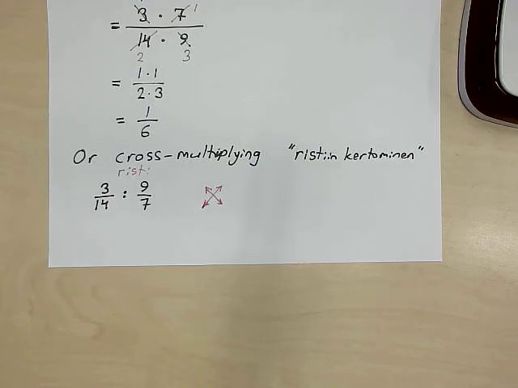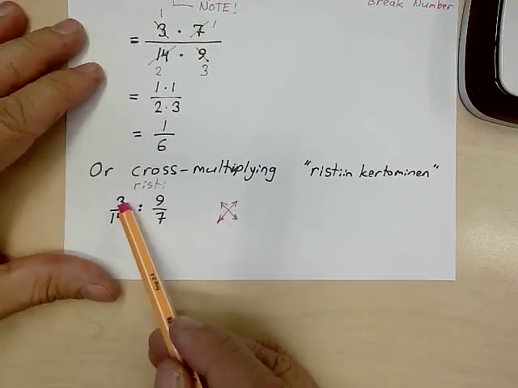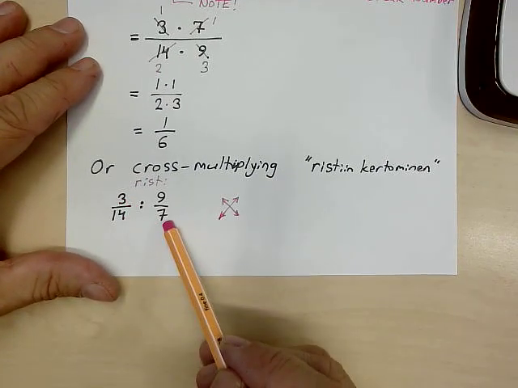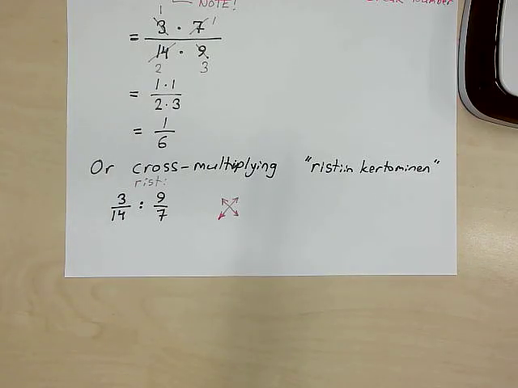How to remember which multiplying comes first? You have two possibilities: 3 times 7 or 14 times 9. Most of you probably read books in your own language in a different way than here in Western countries.